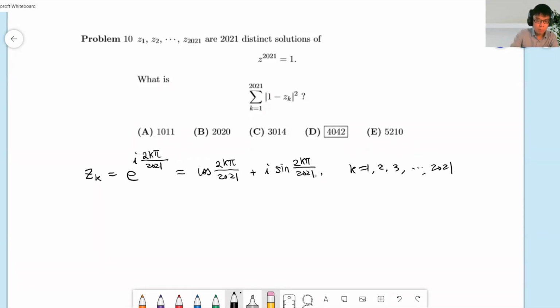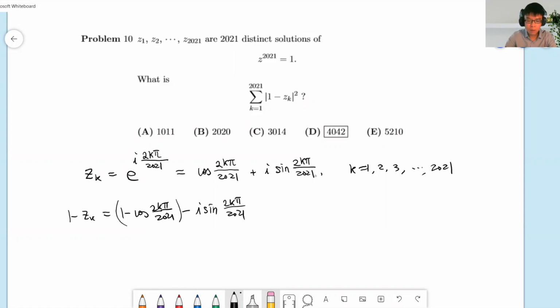And we'd like to simplify 1 minus zk. 1 minus zk is 1 minus cosine 2k pi over 2021 minus I sine 2k pi over 2021. Now let's apply double angle formula.